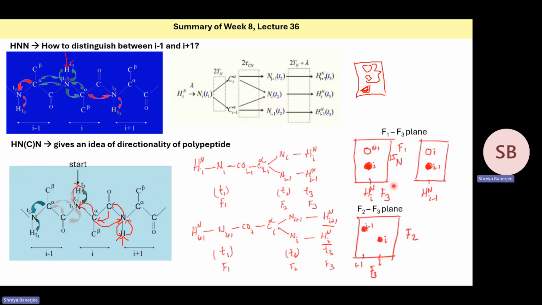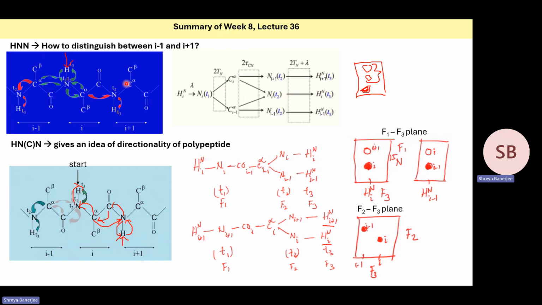In this kind of plane, what will happen? So F1, you can see, is basically your 15N, and F3 is your amide hydrogen. So what will this plane give you? For the same amide hydrogen I, you will get two peaks, I and I plus 1.